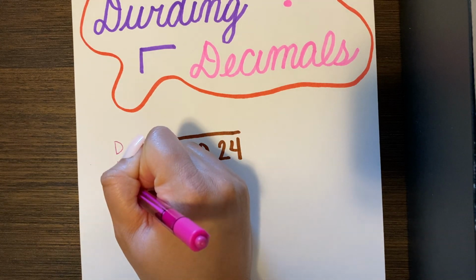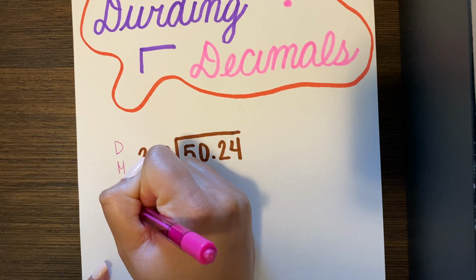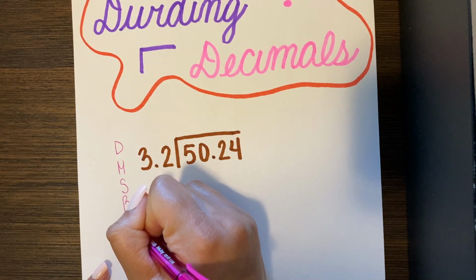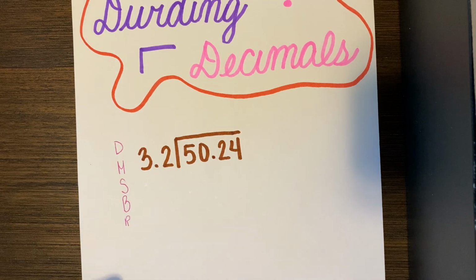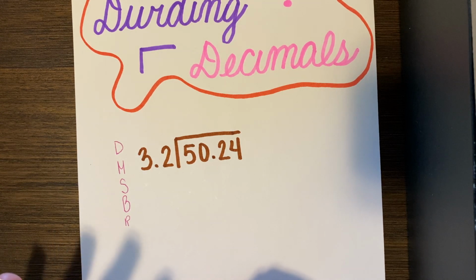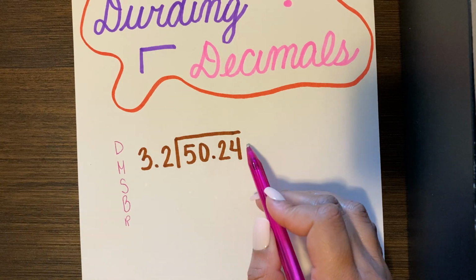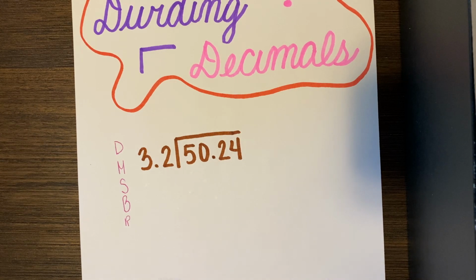Your third step, subtract, and your fourth step is to bring down. And you're going to repeat this process over and over until you are done. Now, there are no remainders in decimals, so that makes it easier. If we have to go as far as adding another 0, we can do that, but we're not going to worry about that right now until we actually get our answer.